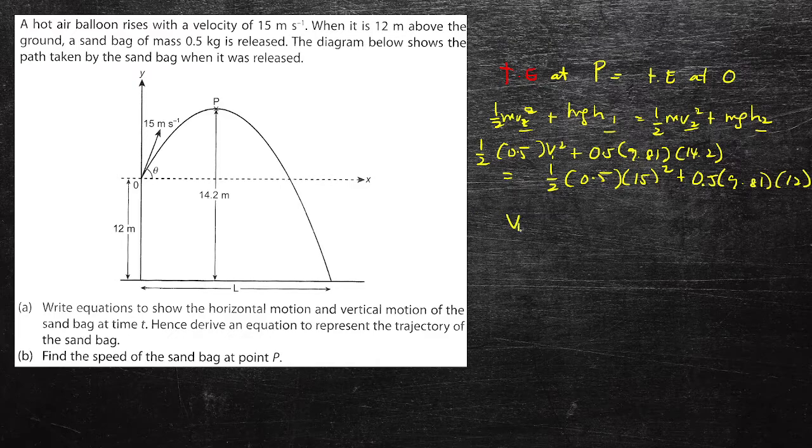Okay, so we have v1 equals 13.48 meters per second. So that will be the speed of the bag at the point P. Where is it? Point P, and this will be the speed here.